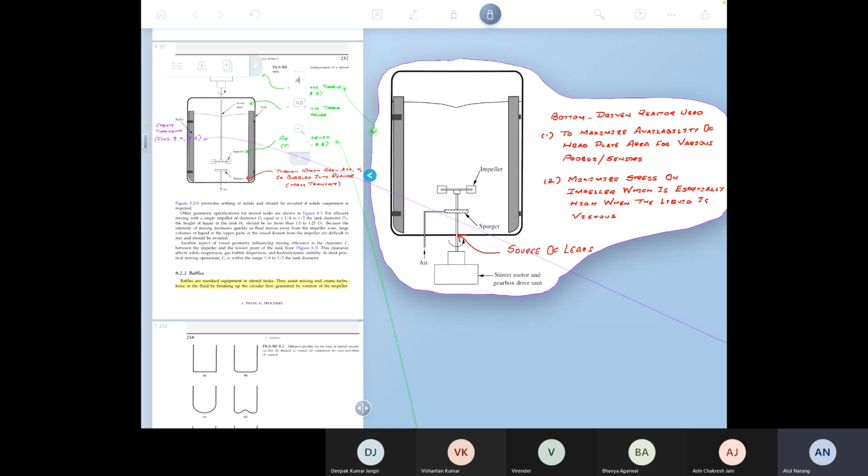The second reason why you might want to use the bottom driven system is if you have very viscous cultures, because to turn viscous cultures, a lot of stress is faced by the impeller, and it is actually much safer to have a bottom driven impeller which comes from the bottom and it sits only a few inches above the top.